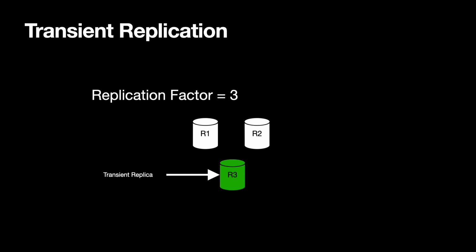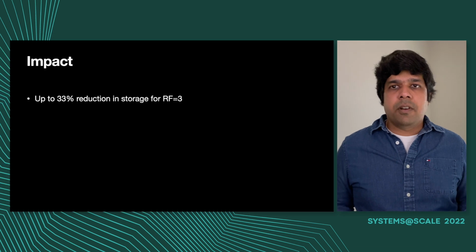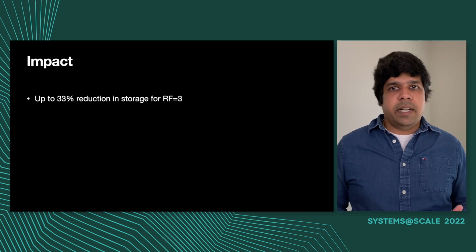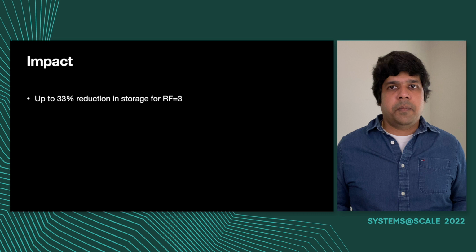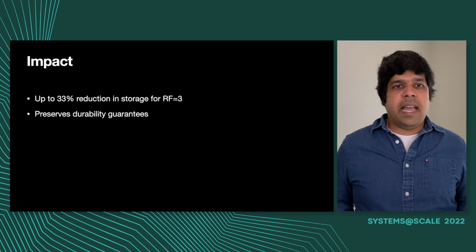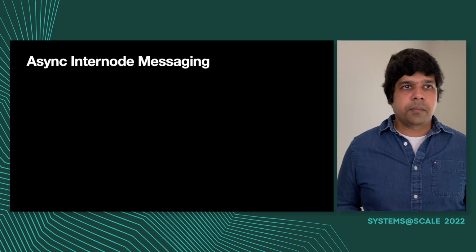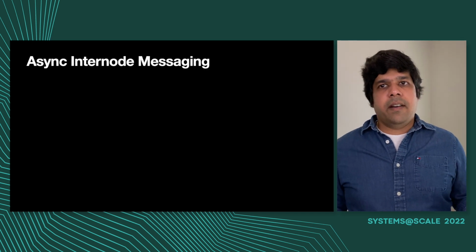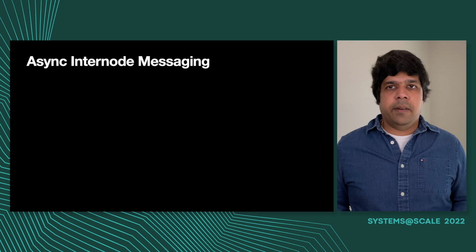As soon as both of them are in sync, replica 3 drops all its data, thereby saving storage space. So the impact of transient replication is better space efficiency without losing any durability guarantees. We predict a reduction of up to 33% in storage space for RF equal to 3 while maintaining the same durability guarantees as before.